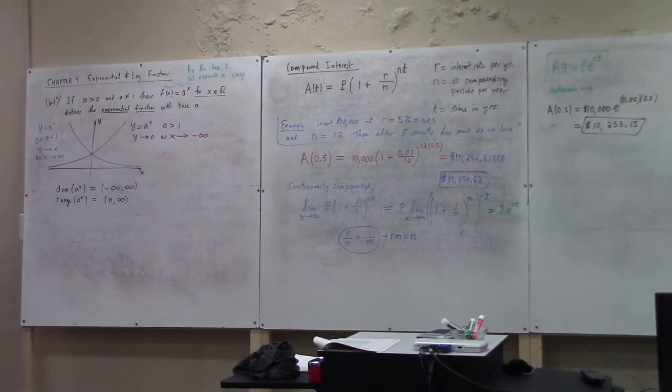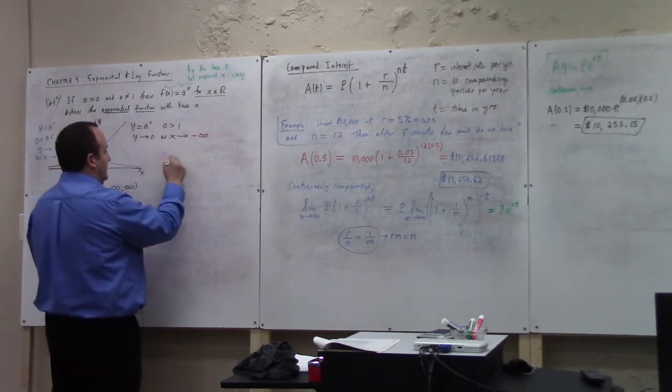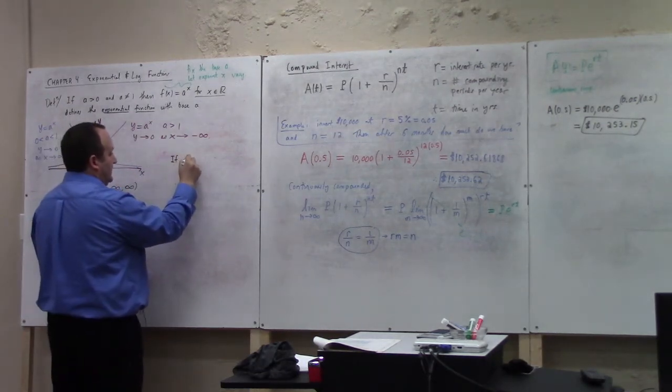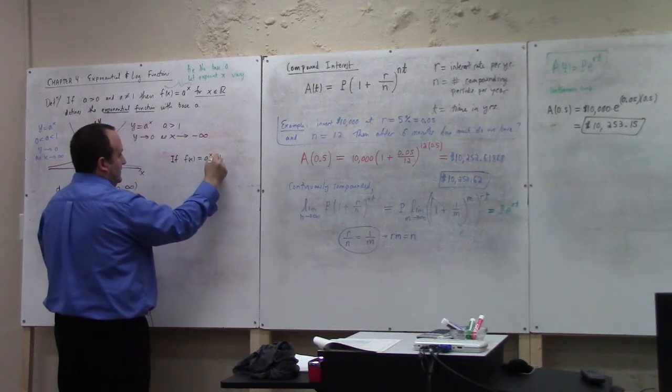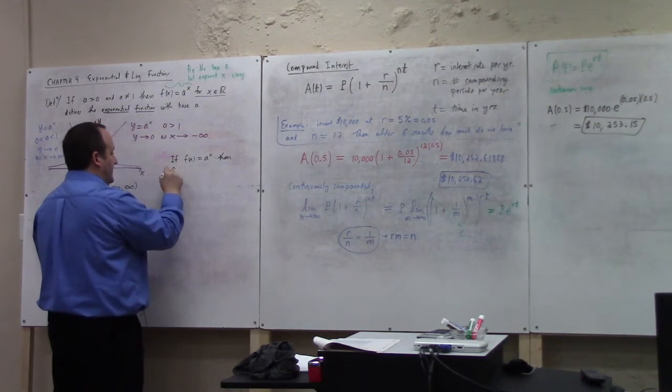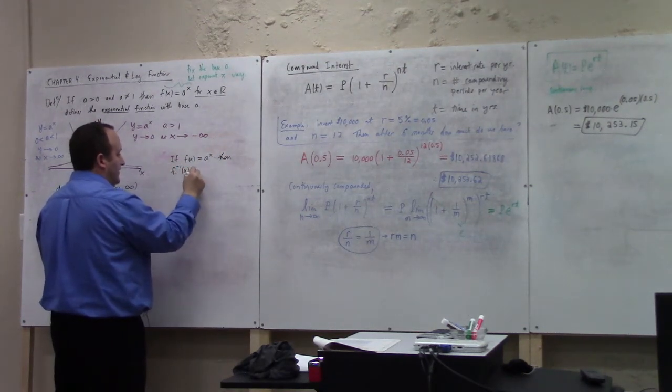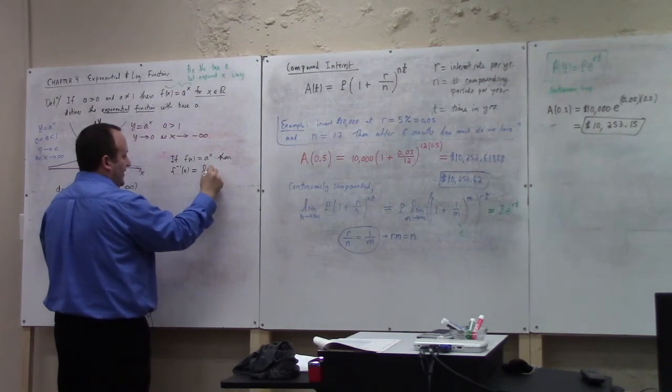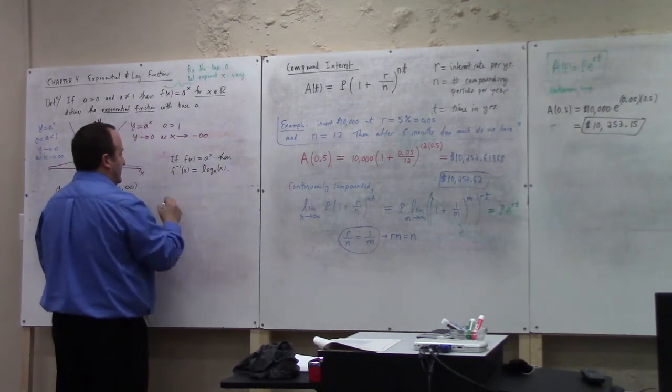So the exponential function has the one-to-one property. What does that mean? That means it has an inverse. And the notation for the inverse function is, well, I'll tell you this. If f of x is equal to a to the x, then f inverse of x is denoted log base a of x.